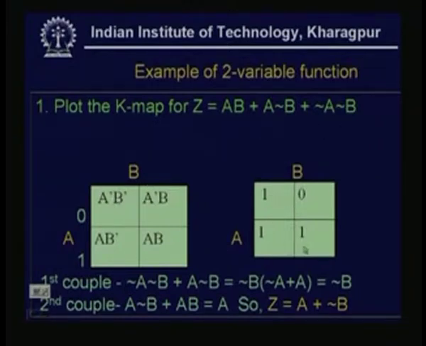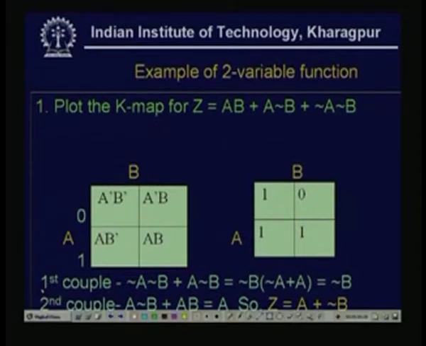So, there will be 3 ones in the K-map. So, the first couple will be the first column, as well as another couple is the second row.